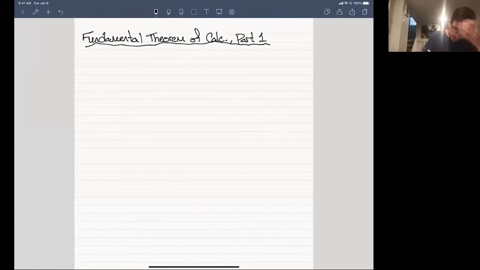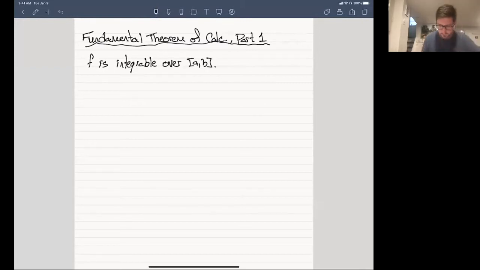So let's start with f is a continuous function, or an integrable function, so we can take an integral of it over the interval [a, b]. That's what we're going to assume.